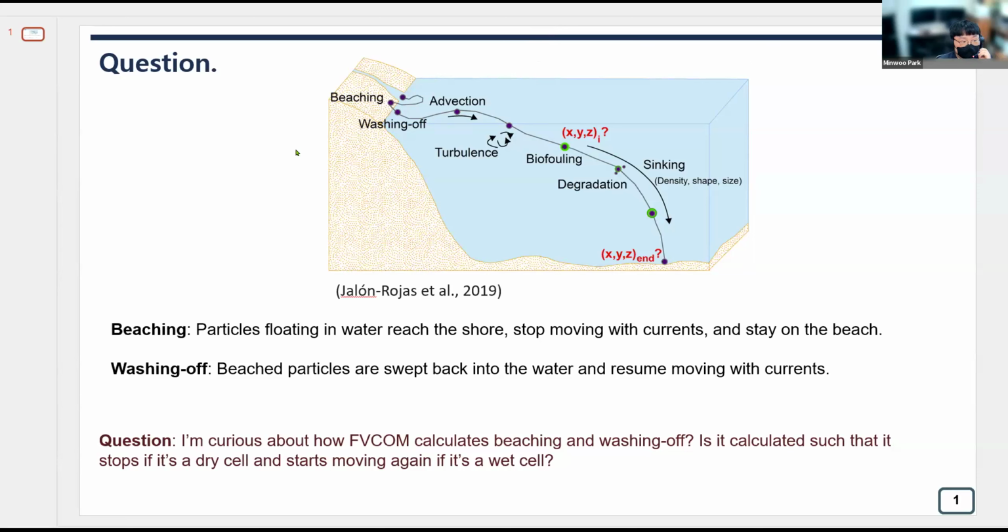In other words, the beaching and washing up processes are important. So I'm curious about how these processes are calculated in FVCOM. Is it calculated in such a way that particles stop when they are in a dry cell and move according to the current when they are in a wet cell? That is my question.